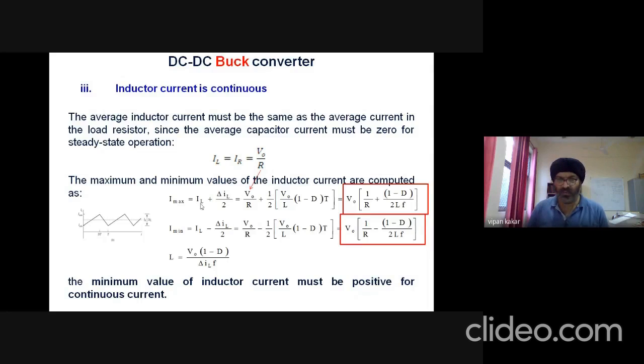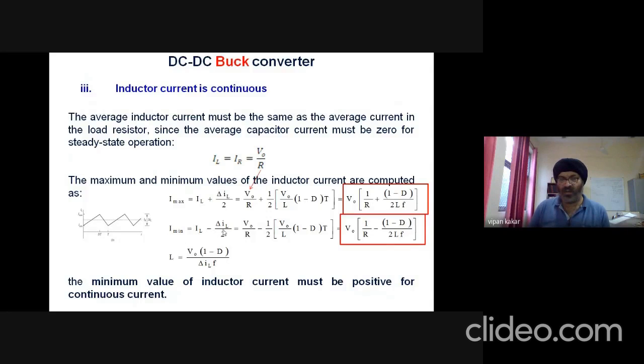Using that value of delta IL, we can get this value of I max, which is 1 by R plus (1 minus D) divided by 2ILF. Similarly, for minimum inductor current, which is this negative peak over here, average IL, the average inductor current, minus this negative peak will give us the minimum value of current.